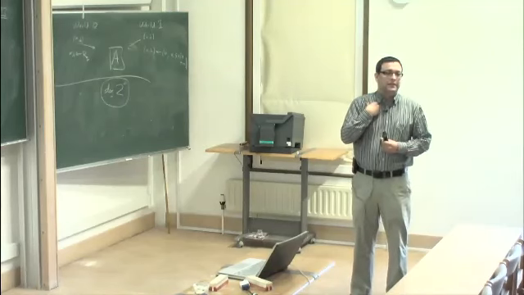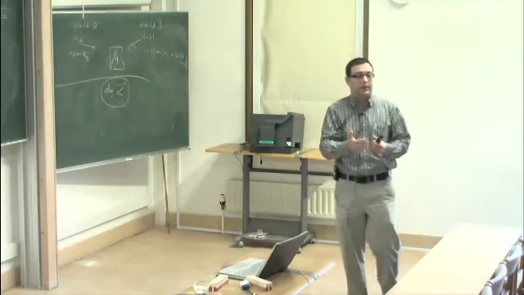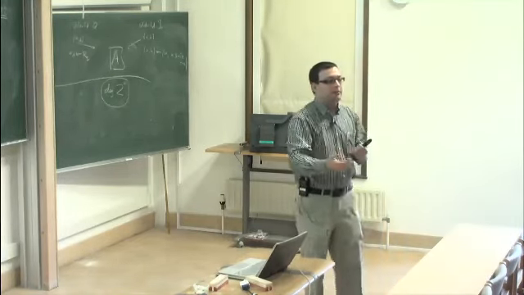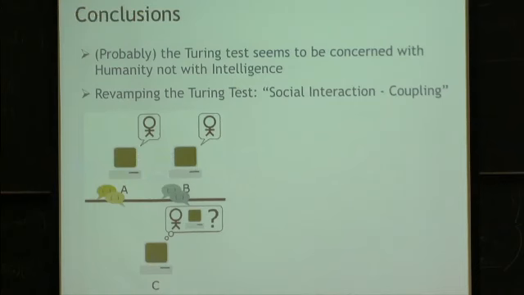Not about intelligence, the emergence of intelligence, because we are bounded by the communication mechanism that we have, okay? And we have revamped this idea with modeling social interaction with the idea of coupling.